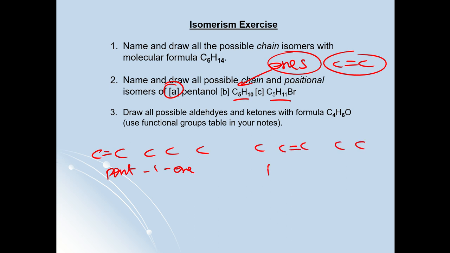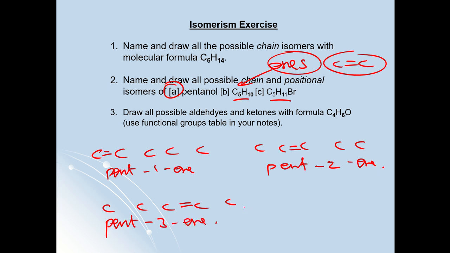We can then move the double bond along. Very simple. And that will give me pent-2-ene. 2, 3, 4, 5. I can move the double bond along to here. Now does that give me pent-3-ene? Have a look at it.